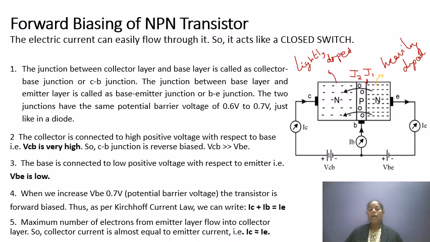The important point to always keep in mind is that junction 1 is in forward bias and junction 2 is in reverse bias.